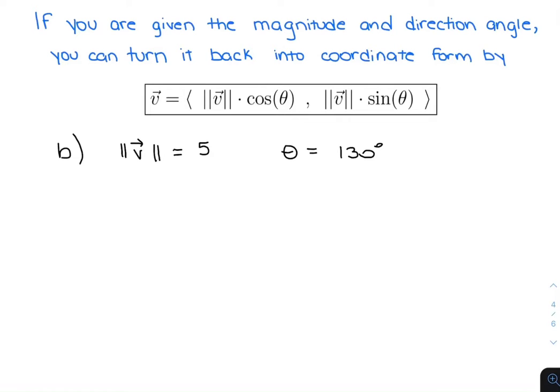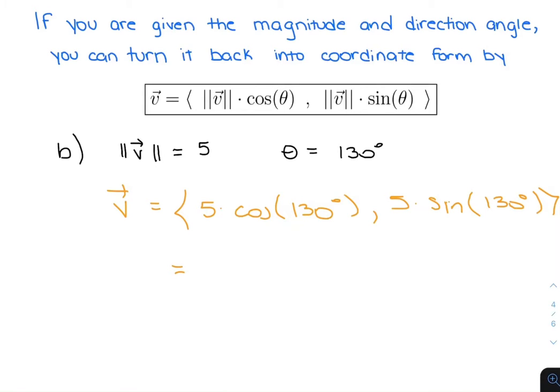So we know that our vector V is going to have the coordinate of, in this case, our magnitude is 5 and our direction angle is 130 degrees. So our vector coordinates are going to be 5 times cosine of 130 degrees, comma, 5 times sine of 130 degrees. And this is going to be our coordinates.